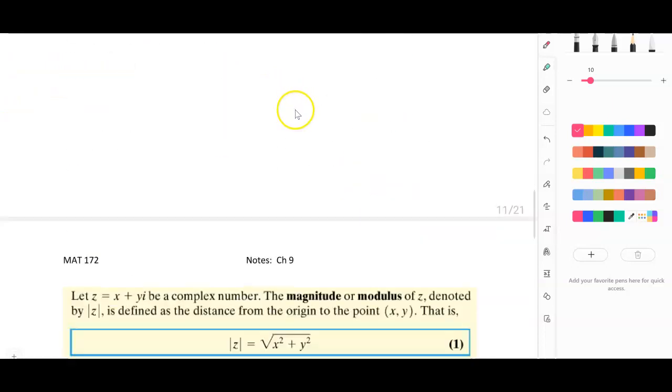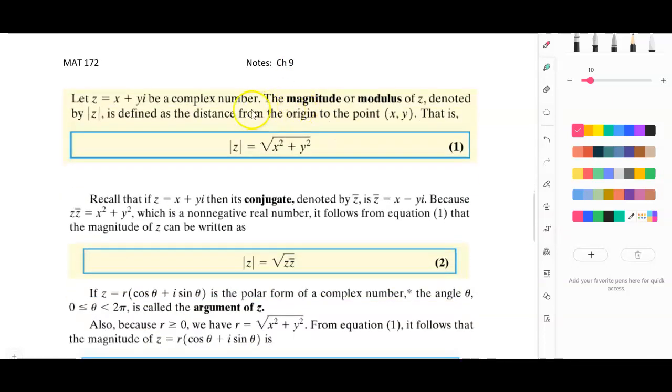So let's examine complex numbers a little bit more closely. When we talk about a complex number that's in the form of x plus yi, so we've got this real component and the imaginary component, we could think about the magnitude or the modulus of z as the distance from the origin to that point if we think about it in terms of x and y. So let's think about our xy axis. Remember, this is the imaginary axis when we're talking about complex numbers.